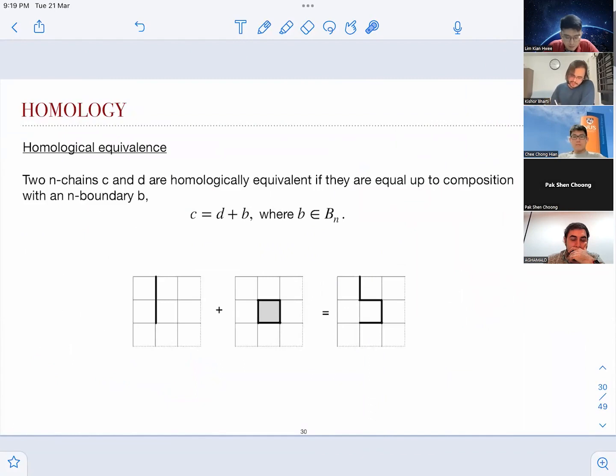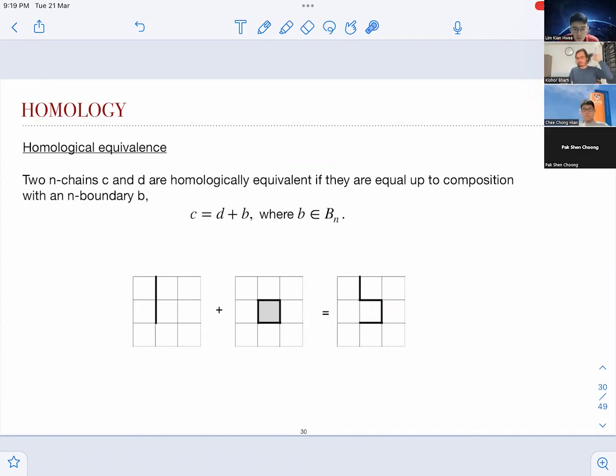So to understand how these three groups play together, we need to define this notion of homological equivalence. You have a particular chain, and if you add a boundary to it and you get another chain, then I would say these two chains are homologically equivalent, which means you add a boundary and you get the same object.